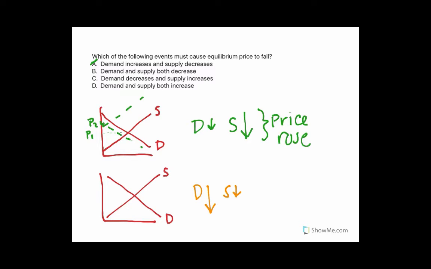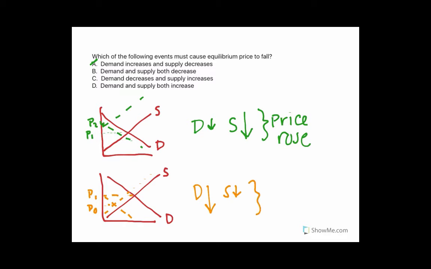So again, we can already eliminate answer choice B because we know that the equilibrium price might rise, but for this specific question, I'm going to go ahead and show the other option as well. If demand decreases by a lot, a large leftward shift of demand, and supply decreases by a little, a small leftward shift of supply, we get a price that would be below our original equilibrium.